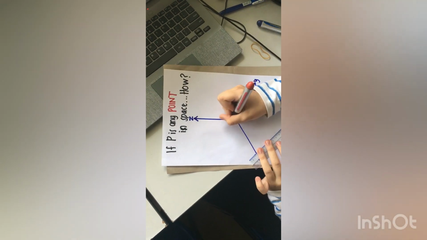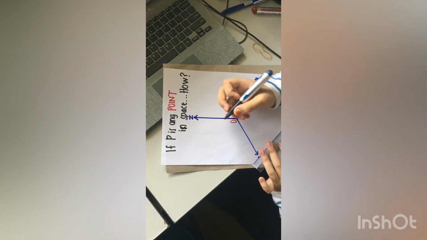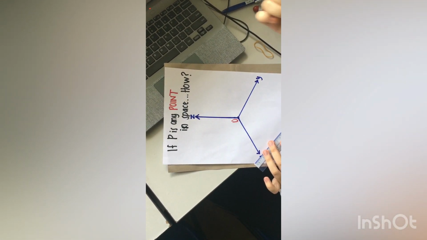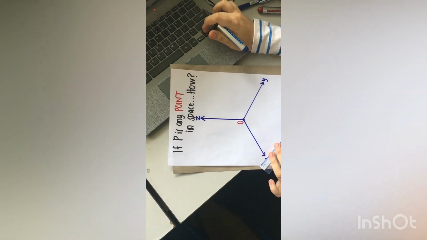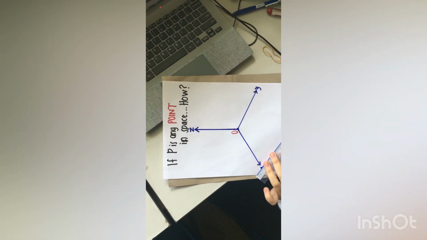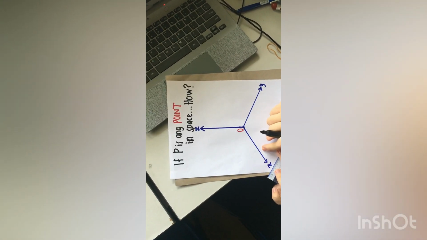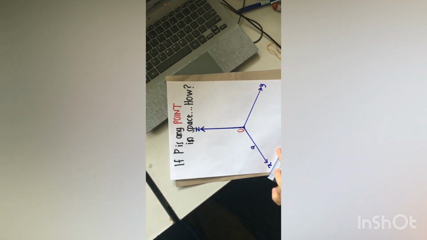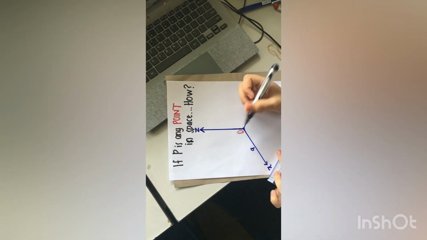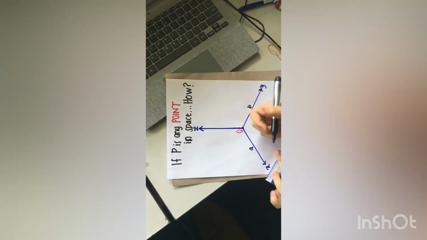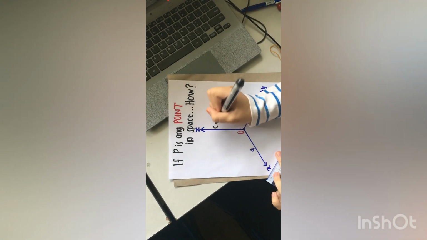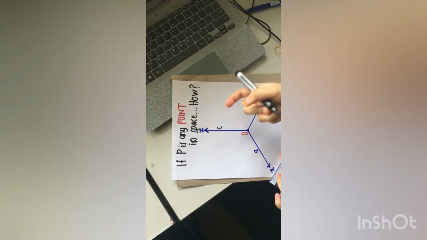Don't forget the origin. In calculus, A is known as the x coordinate. A will be here, B is the y coordinate and will be here, and C is the z coordinate.